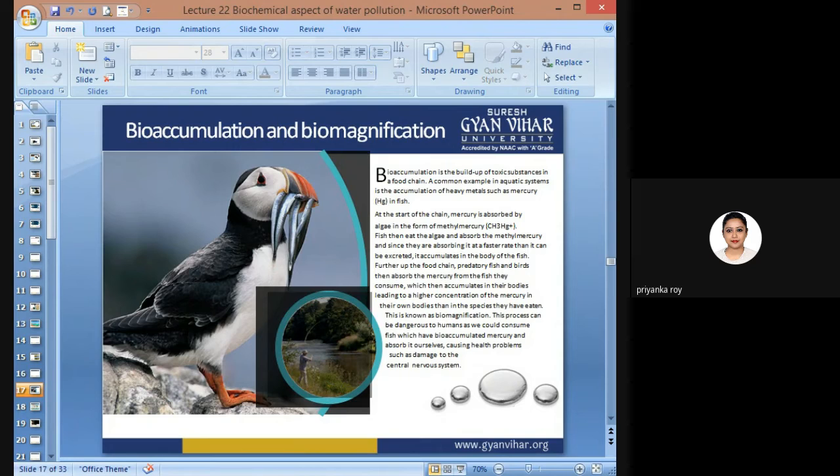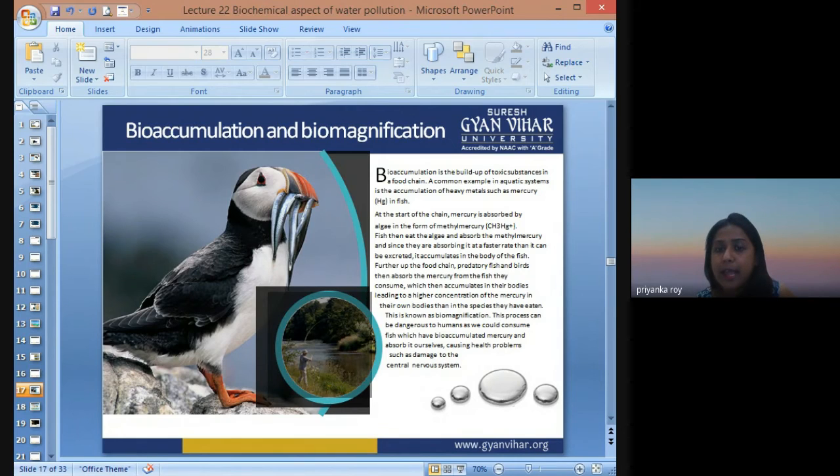Then the predator fish consume these fish, or the birds consume them, and they accumulate the mercury in their bodies, leading to a higher concentration of mercury down the stream, in whatever species they have eaten.